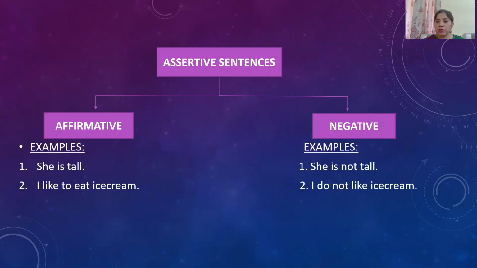In contrast, the negative sentences have the word not. They give a sense of negation. For example, she is not tall. I do not like ice cream. So, assertive sentences can be categorized into these 2 subcategories, affirmative and negative.